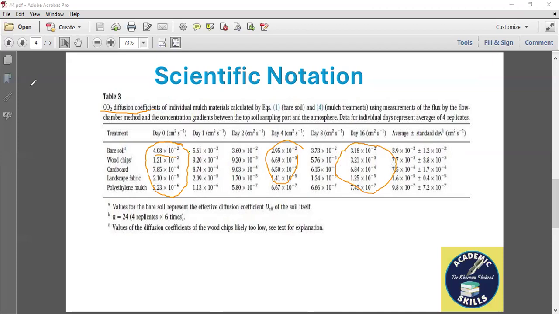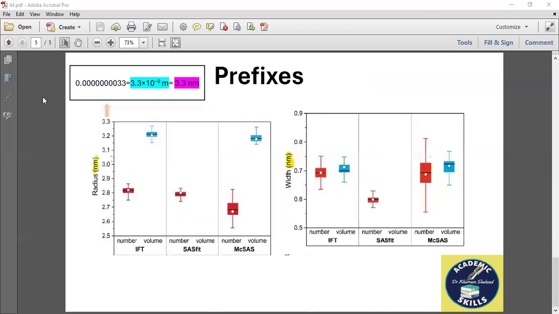Now you can see this slide here. You can see that data values were very small, so we converted them into scientific notation, 10 raised to power minus 9 meters, and from the prefixes table we can write it as 3.3 nanometers.